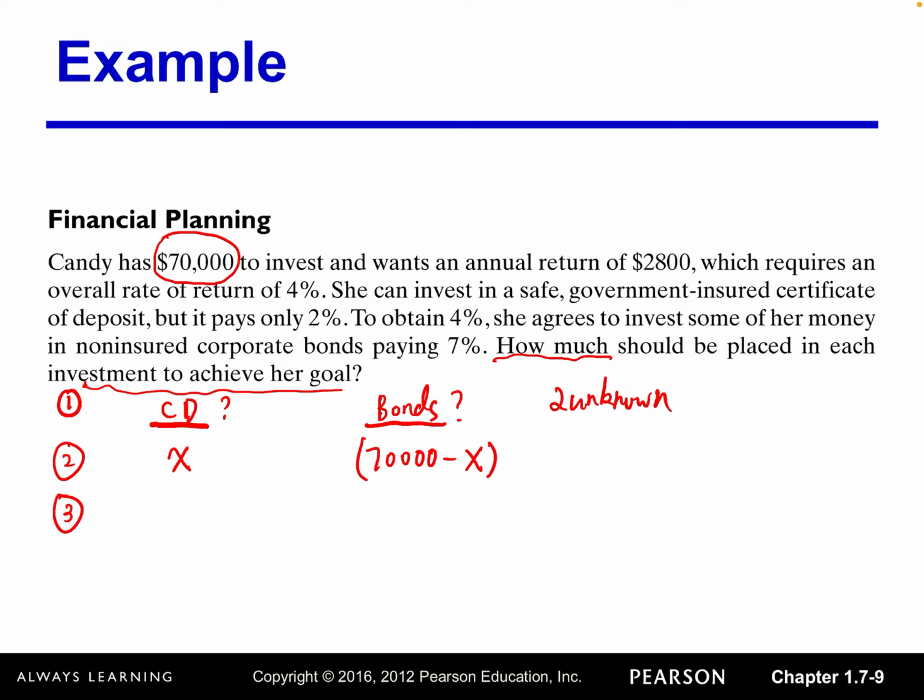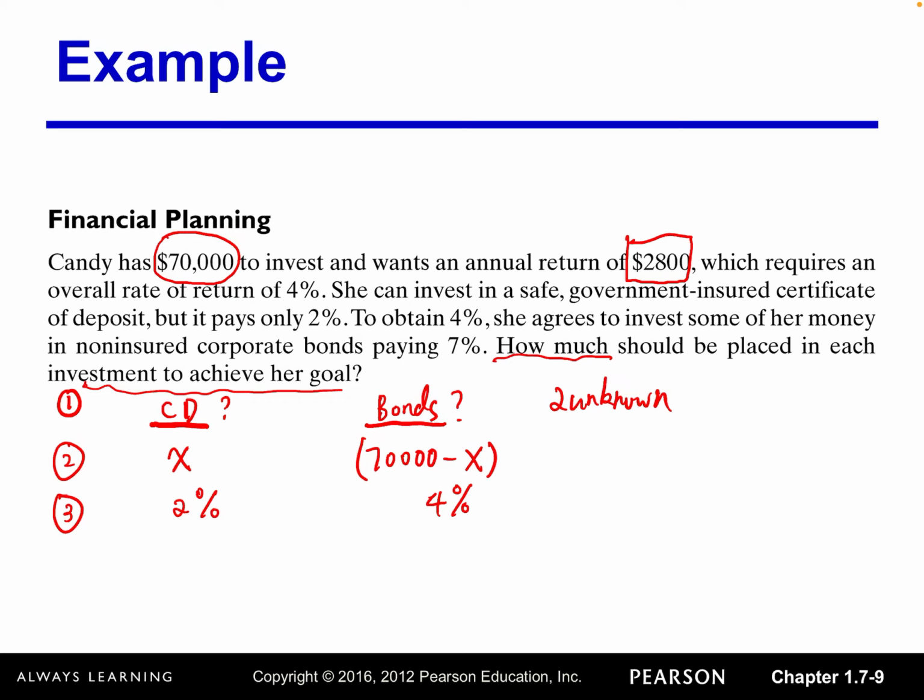The third step, we want to translate the known facts into mathematical expressions. What we know: the CD pays 2% interest rate, and the bonds pay 4% interest rate. And we know the total interest made from the total 70,000 investment is $2,800.